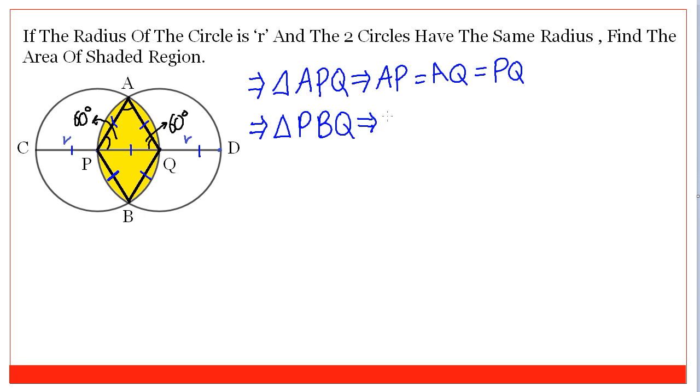And we can say that PB equals BQ equals PQ. With this logic also we can say that this angle is 60 degrees and this angle is also 60 degrees. So now we have all the information to calculate the angle.